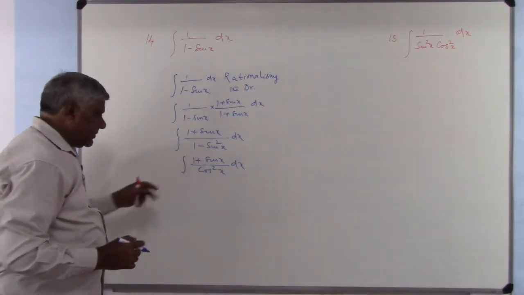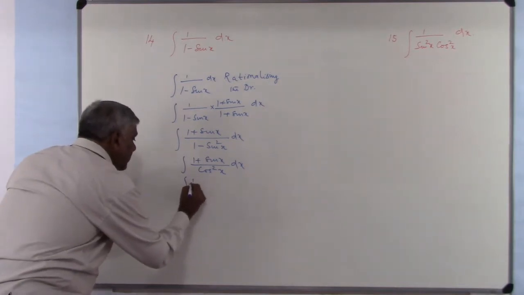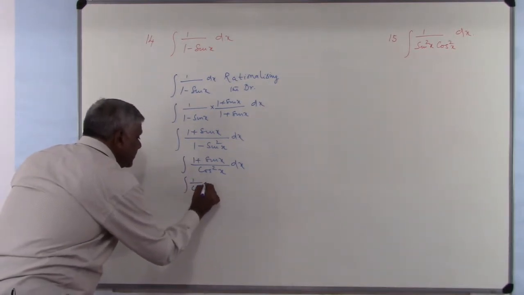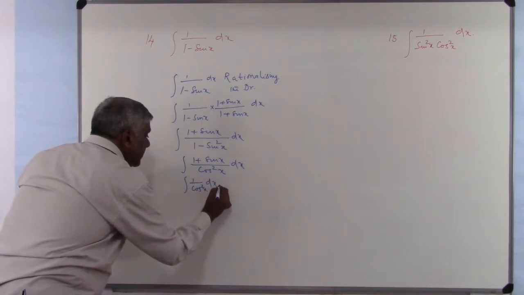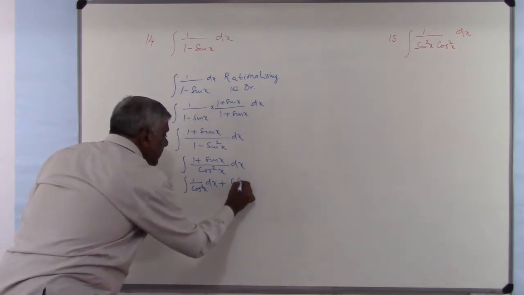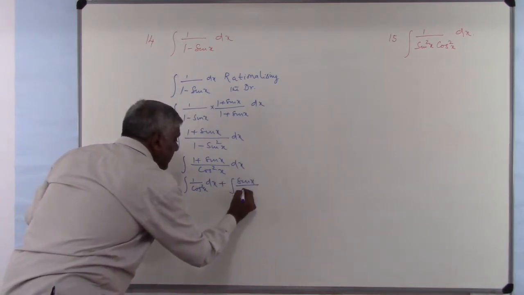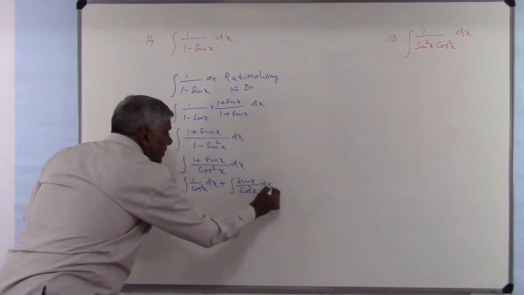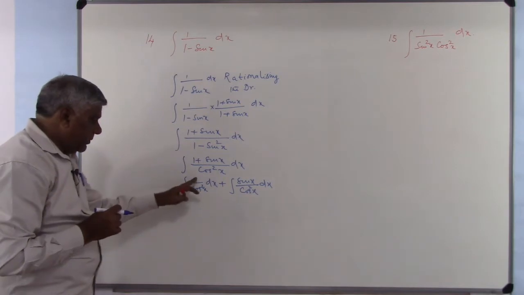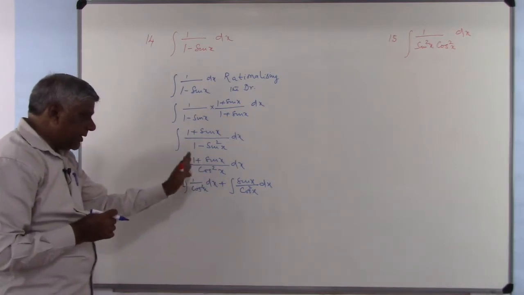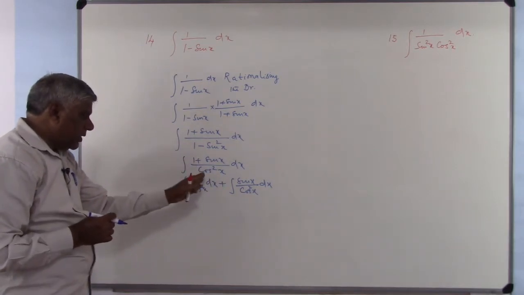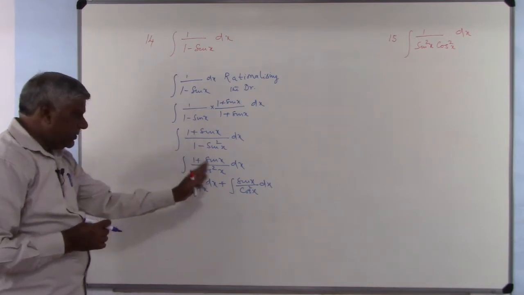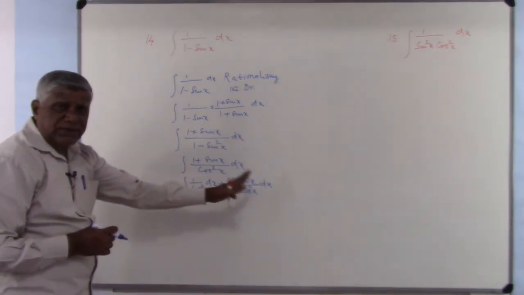Now we will separate this. Integral 1 over cos square x dx plus integral sin x by cos square x into dx. I am separating 1 over cos square x, and sin x by cos square x dx is separate.